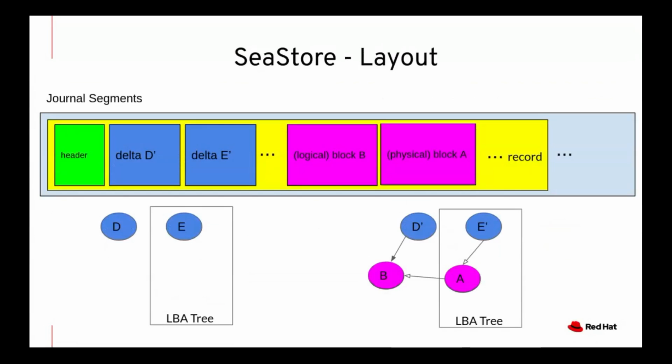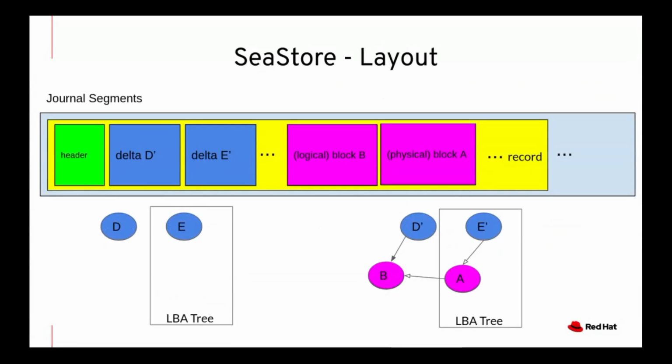So the on-disk layout when we're writing out journal segments looks something like this. Each journal transaction contains a header, some number of deltas, here represented by these blue blocks, and then some number of logical and physical blocks represented here by the magenta color.